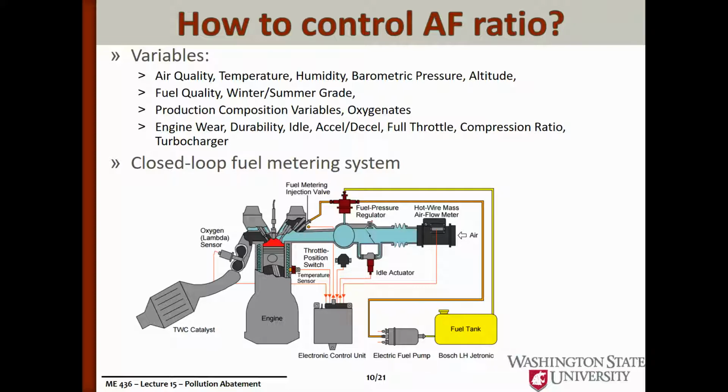It starts with a throttle here that is throttling the engine, so deciding how much power you want out of the engine. And while that is controlling the airflow, we need a hot wire airflow meter to measure what that flow is. We can very easily measure the position of our throttle valve, but it's a little harder to measure the mass flow.